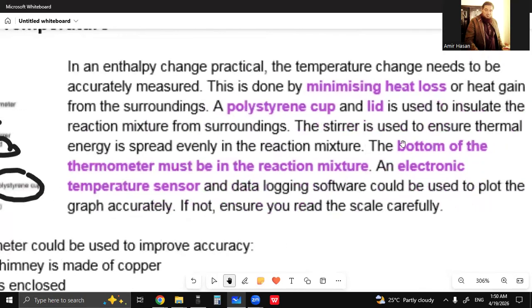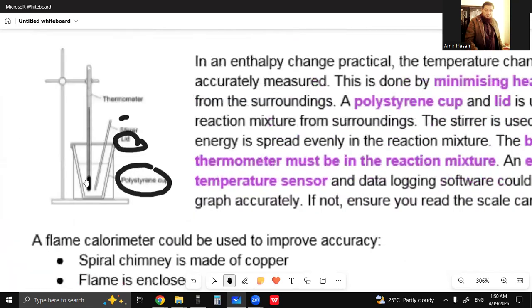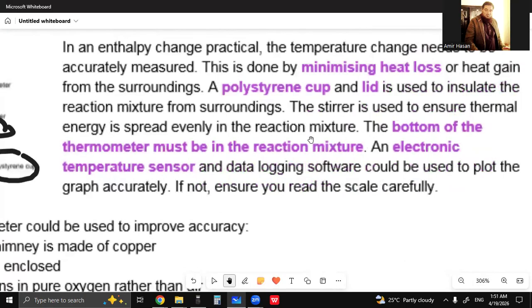Now, this is necessary: the bottom of the thermometer must be in the reaction mixture. When we calculate the mixture temperature, we dip the bottom of the thermometer in the mixture. An electronic temperature sensor and data logging software could also be used to plot the graph accurately.